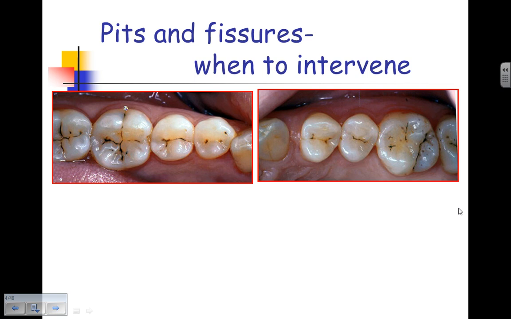There are colorations, brown, a little bit of white, and then really some of the most important questions that we need to ask aren't told to us by just looking at these clinical images. How old is the patient? What's the caries risk? The diet of the patient, past dental history, age of the patient. All of these things become extremely important factors in making our decisions.